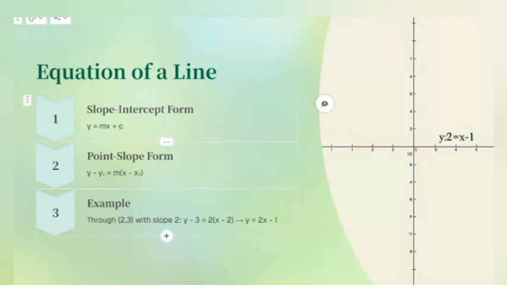Now, the second possible way of finding this is when you are given the slope and you are given 1 point on that line, just 1 point anywhere on the line that has been plotted on the graph. It's possible to derive the equation using the point slope form. Now that is denoted by this formula.